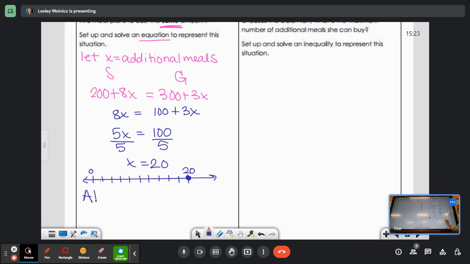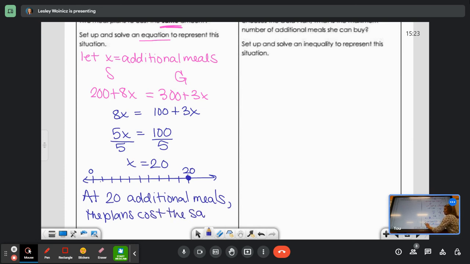At 20 additional visits or additional meals, the plans cost the same amount. Okay, questions?